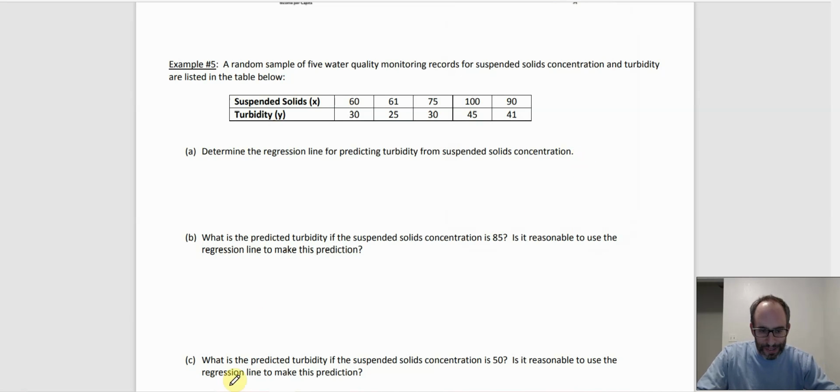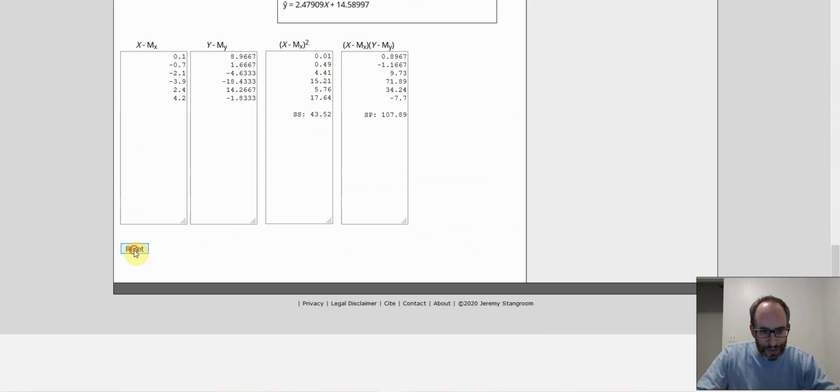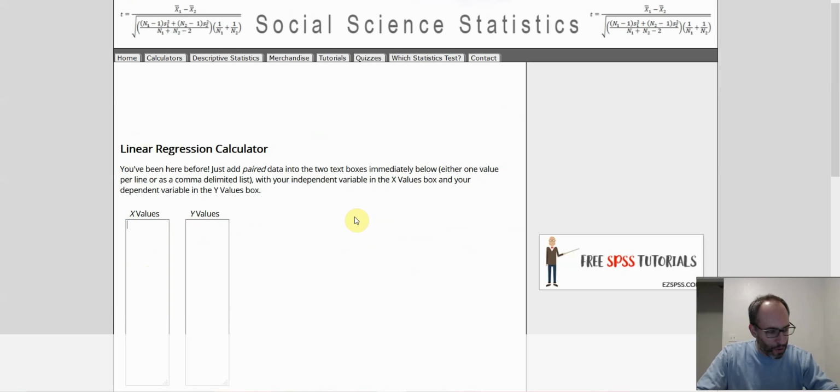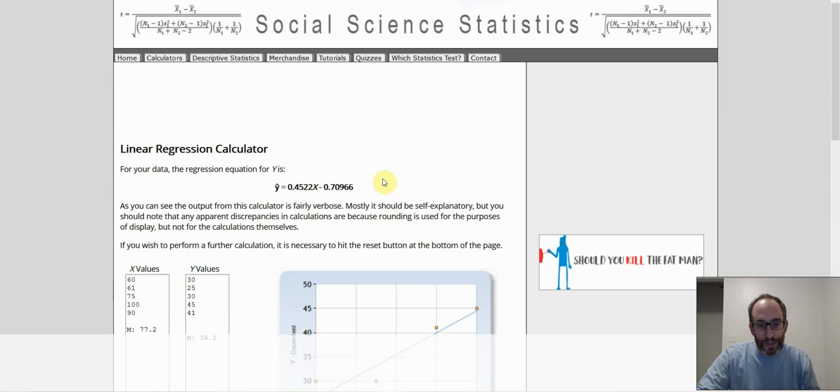All right, so let's see, I need to clear that out. And then our x values, and again, I'm just going to follow the order they show up in the table: 60, 61, 75, 100, and 90. And then the y values, the turbidity: 30, 25, 30, 45, and 41. And then compute, and there it is.